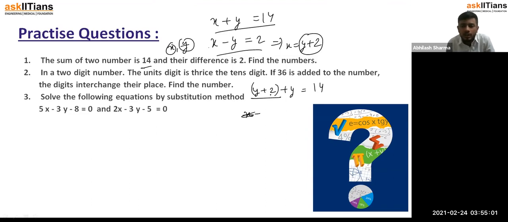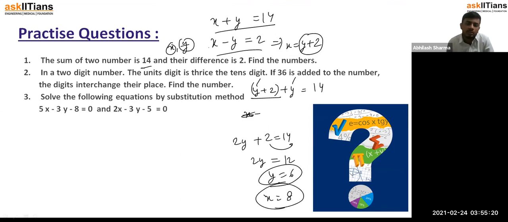Okay, now once we do that, we are getting y plus y will become 2y plus 2 equal to 14. Take this 2 here. 14 minus 2 will give us 12. y equal to 6 because 12 upon 2 is 6. Just put this value of y here. So you will get x equal to 6 plus 2, which is 8, which is the solution as well of this question.